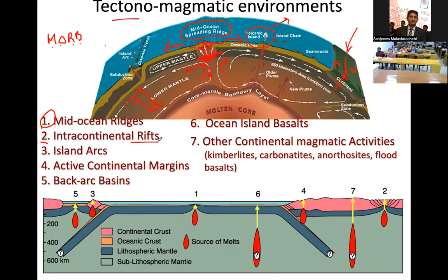Actually, these types of rifts can be formed soon after continental collision, right? But I cannot show you continental collision with this diagram because this is still not ready for that. I mean, subduction is still going on. See, subduction is going on. So for continental collision, what should happen?